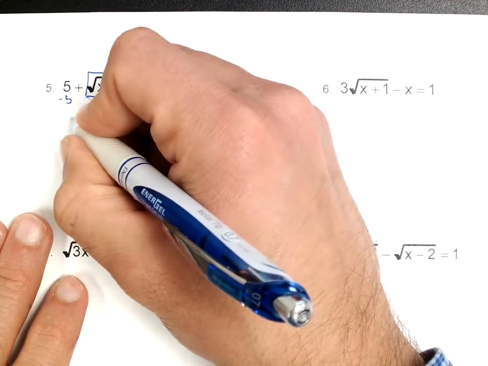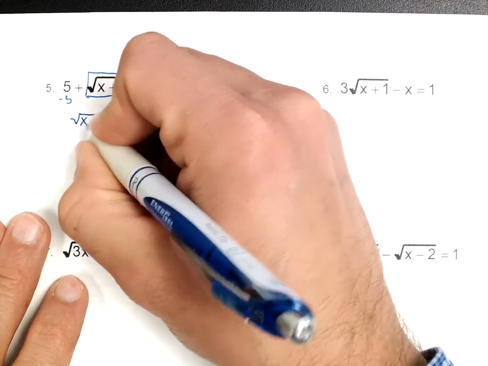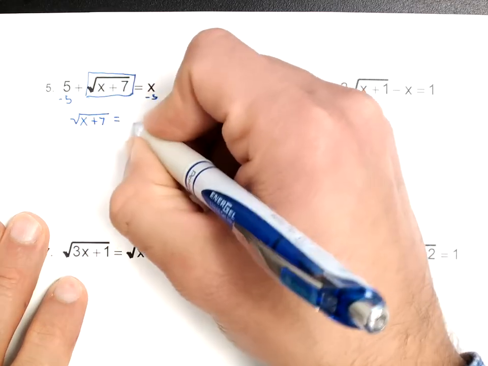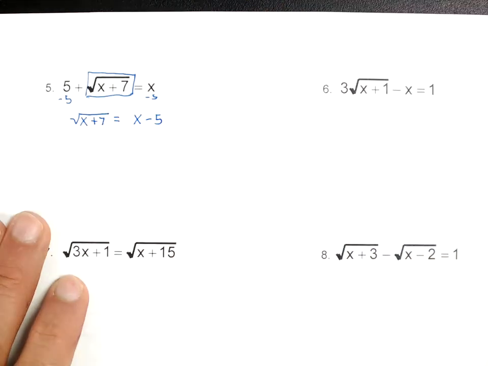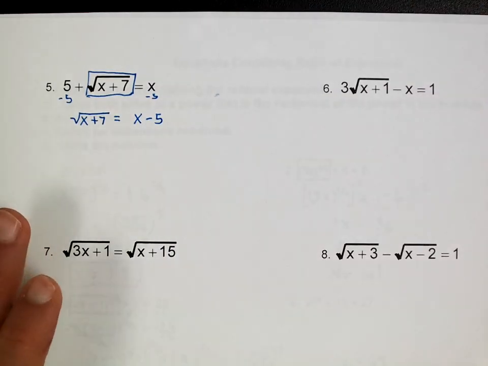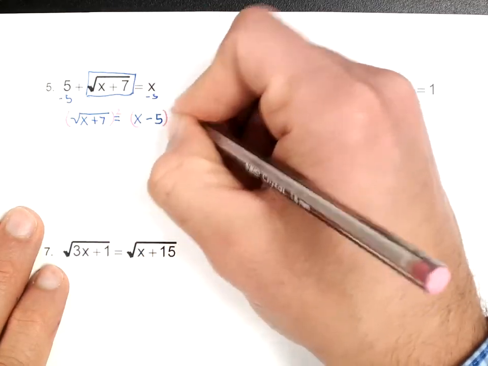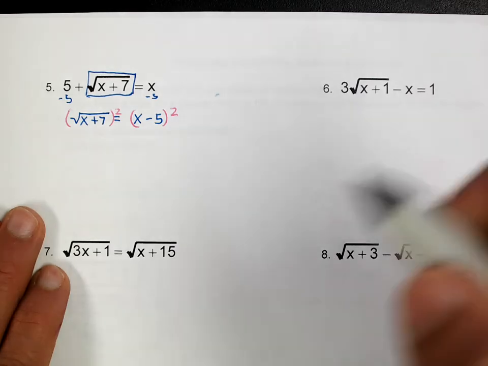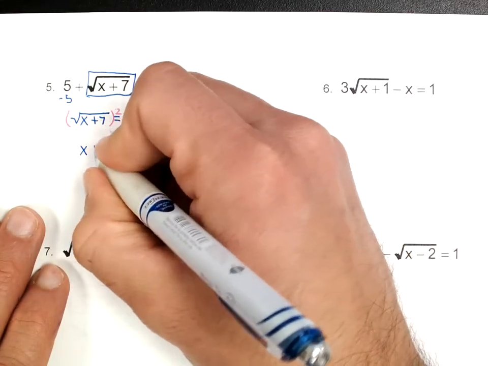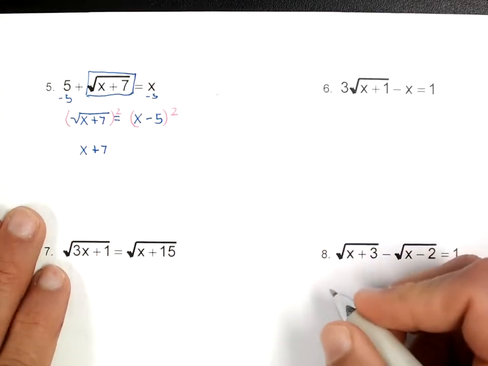So we have the square root of x plus 7 is equal to x minus 5. Now, again, focus on the radical. How do I get rid of the radical? It's by itself now, so I'm going to go ahead and square. Square here, square here. That's going to give me x plus 7. That's going to get rid of the radical.